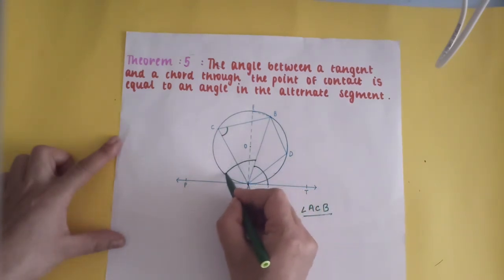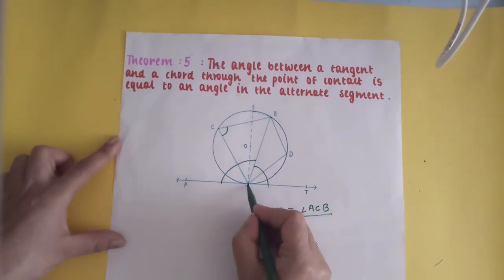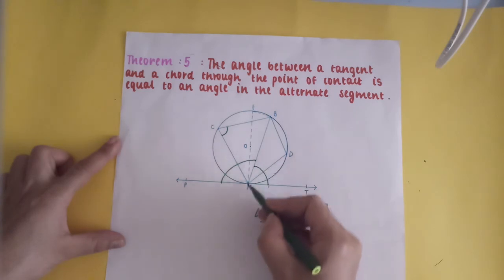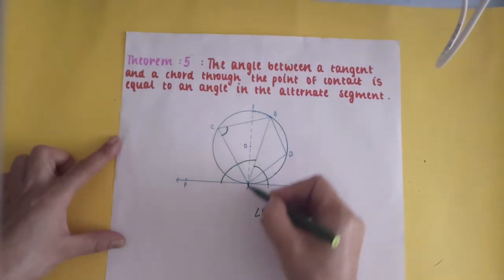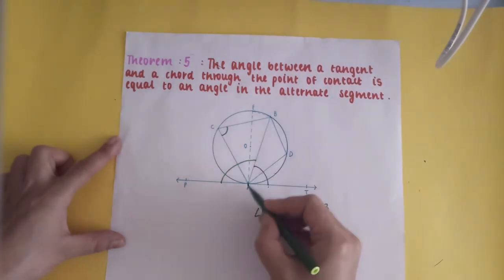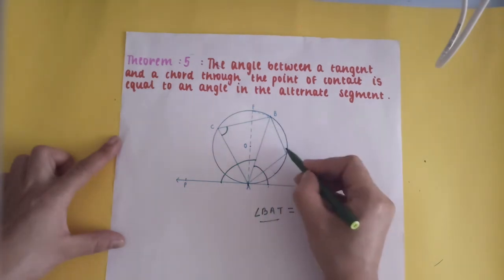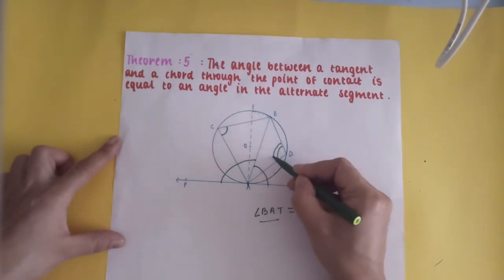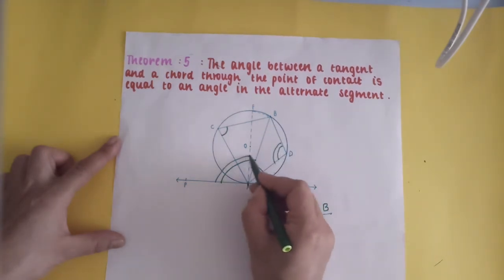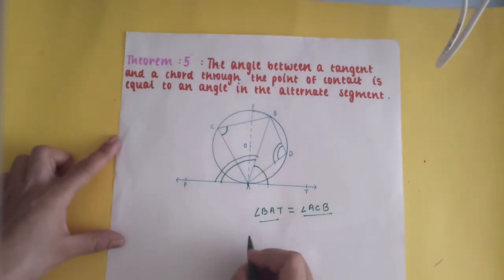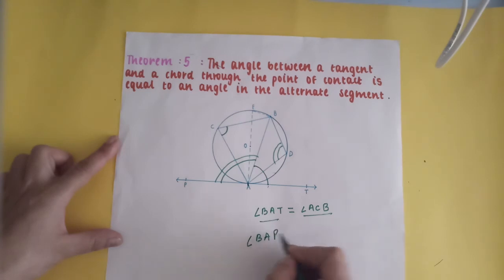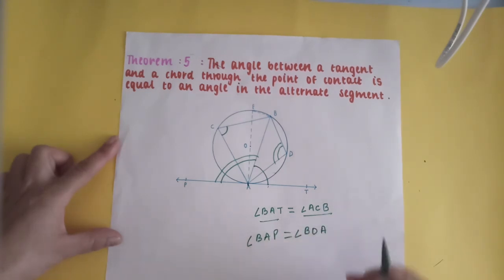This is the angle made by the chord and the tangent through the point of contact. Then which is the alternate angle? Which is the angle in the alternate segment made by the chord AB? This. So at that time, this angle will be equal to this angle. So we can say that angle BAP is equal to angle BDA, right?